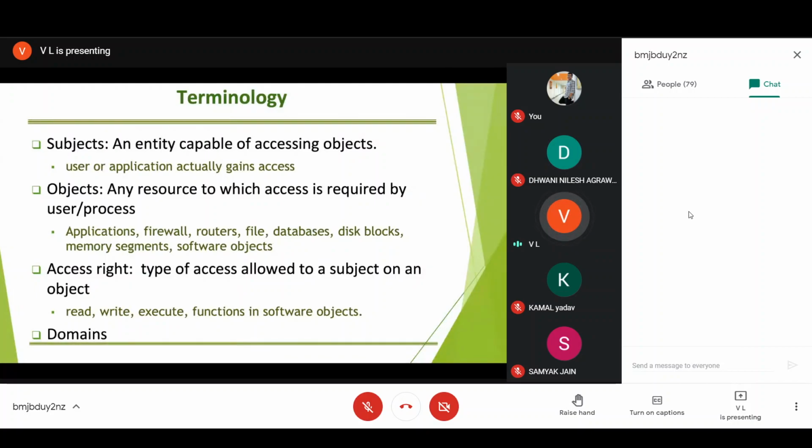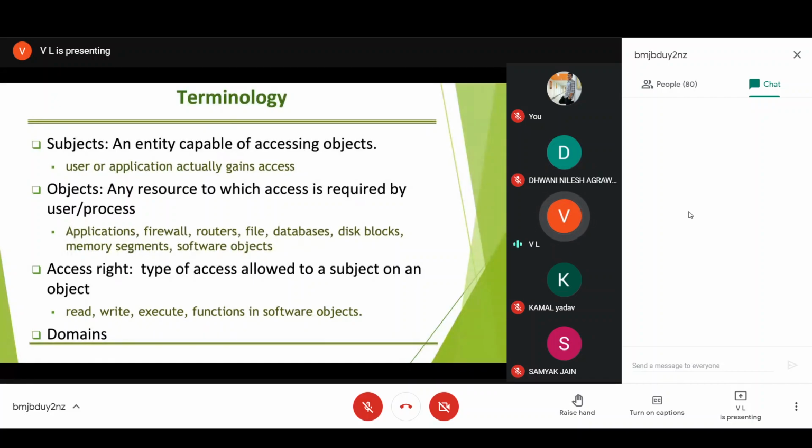Now, an object. A subject is an entity which is requesting access to a certain object. An object is a resource to which access will be required. It could consist of some application or process, hardware devices, or software processes which are running on the system. So there are many things which can qualify as an object.